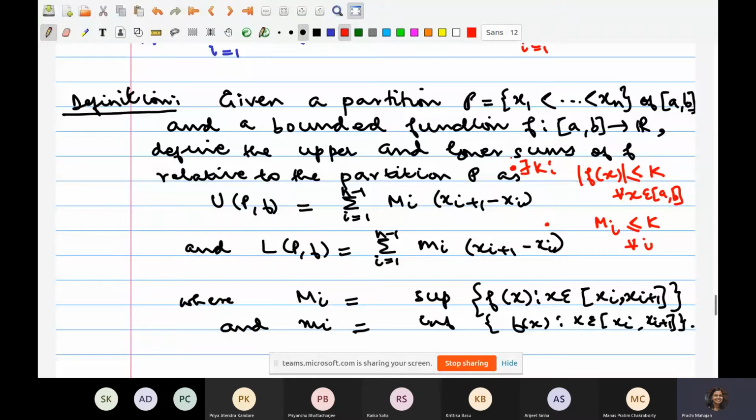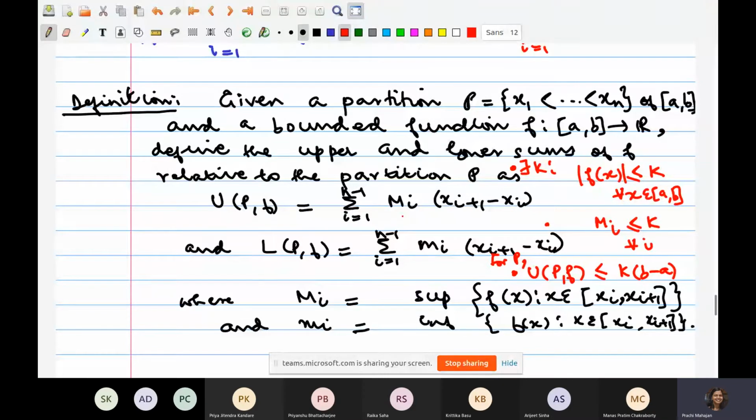So in particular, if you fix a partition P of interval [a, b] and look at the upper sum corresponding to this partition, then that is going to be bounded by K times the length of the interval [a, b], because each of these M_i you can replace by K and pull it out of the summation.